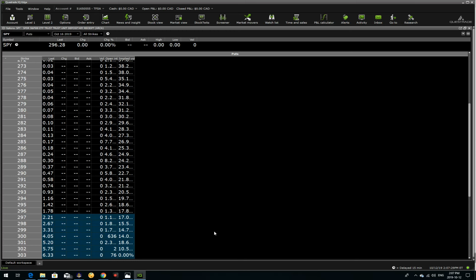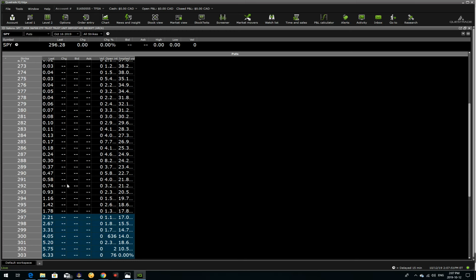And if you're right big time, then let's say the market goes down to 290. So our 297 is now worth $7 intrinsically, and it's got a time value of a couple bucks still, or $1.50. It's $8.50, $9.